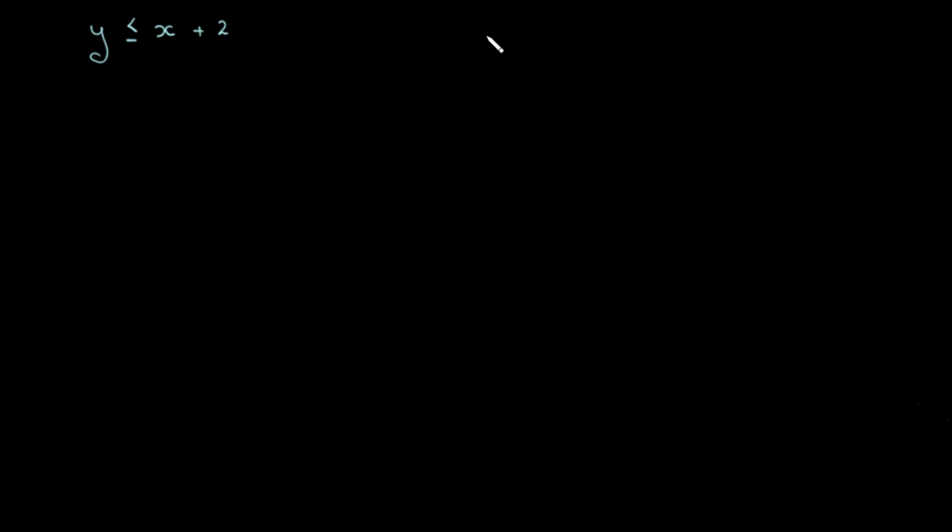Suppose, just for a moment, we have y and that sign. We haven't got the horizontal bit, just that sign there. X plus 2. We know what happens if that's an equals. This is not an equals. Now just think, we have a line there. That gap is much greater than that gap there.